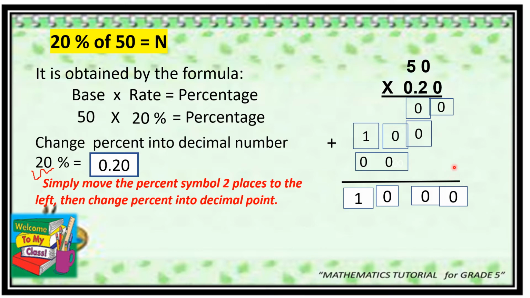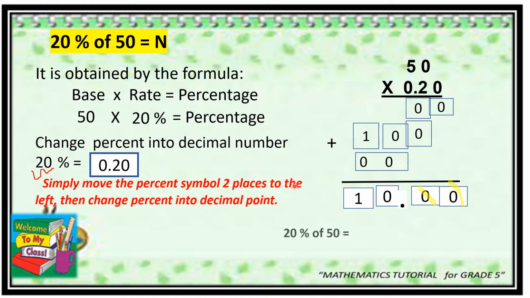Kaya dito sa sagot natin, magka-count kayo ng 2 decimal places going to the left. So, 1, 2. Saka pa lang kayo maglalagay ng decimal point. Dahil ito ay 10.00, ika-cancel nyo na po yung dalawang 0 na nasa hulihan ng decimal point.